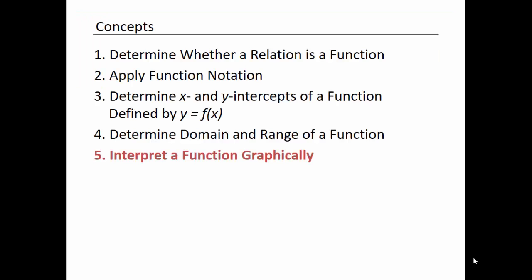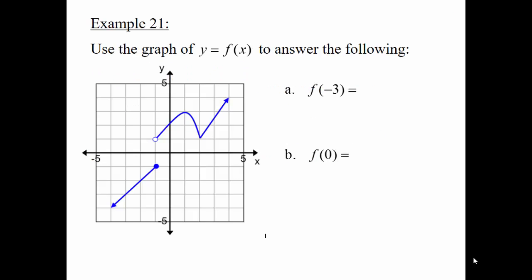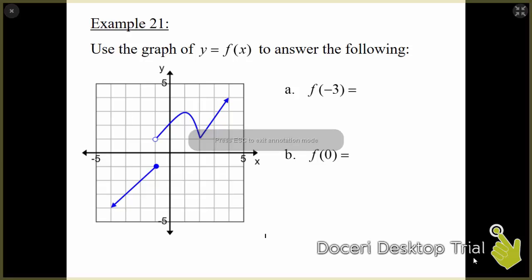Interpret a function graphically. So here's a graph. What is f of -3? That means what is y when x is -3? So you're going to go over here, 1, 2, 3, and read down. And that's what your value is when x is -3. Okay?